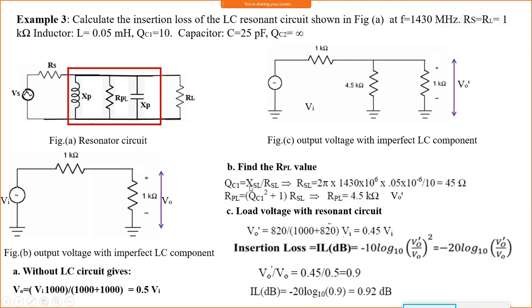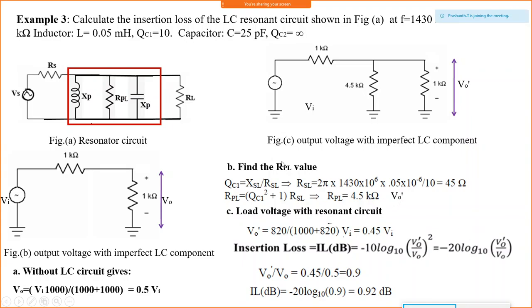XS is omega L, and omega means 2 pi f, so XS is 2 pi times f times L. You substitute that in this equation and divide by QC. QC is the given component quality factor, 10. You will get the value of RS, that is 45 ohm.